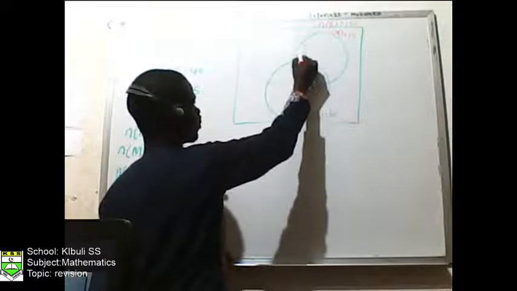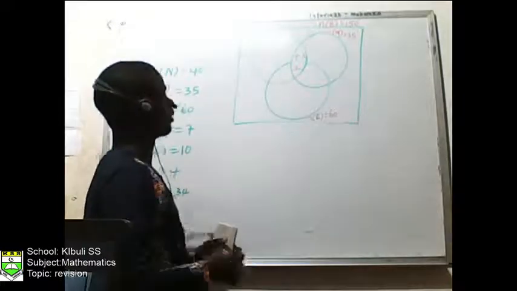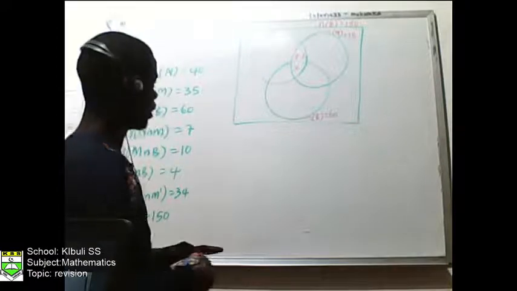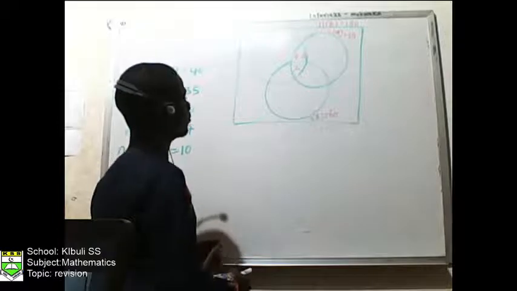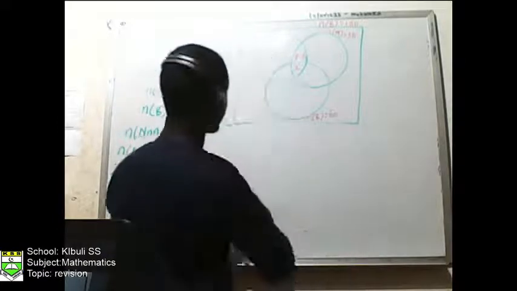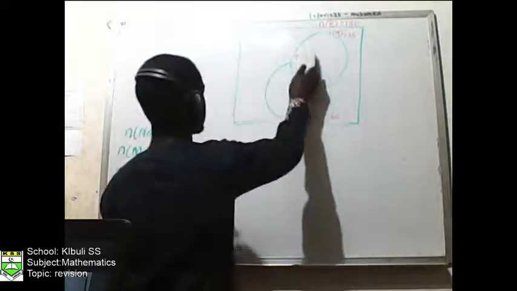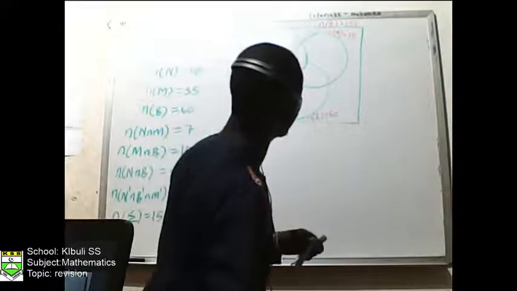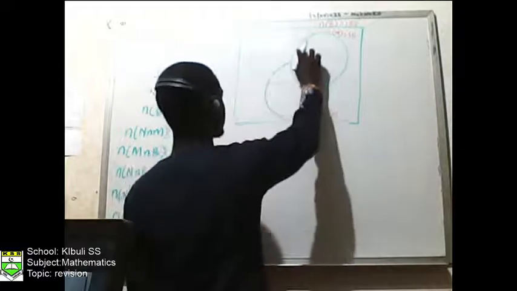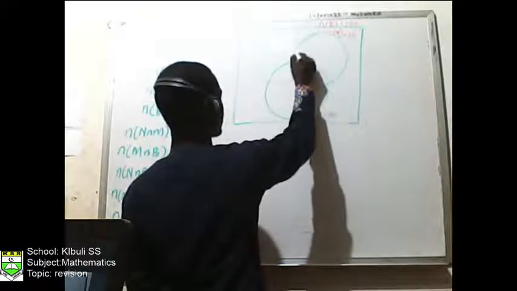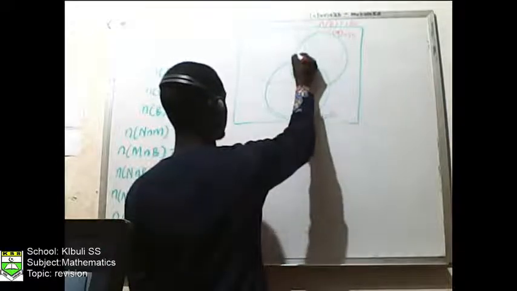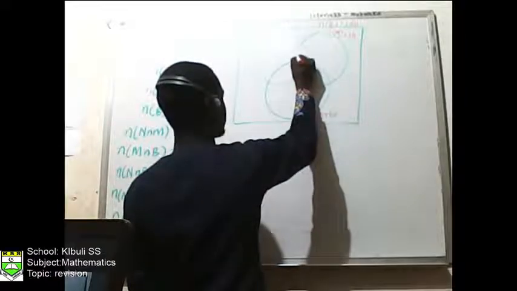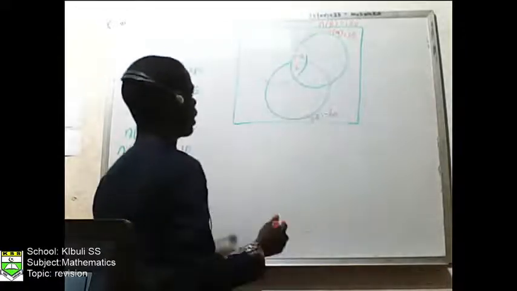If they want you to write a 7 there, they will tell you that 7 read New Vision and Monitor only, or that 7 read New Vision and Monitor but not Book. Those are the two phrasings that they basically use. Or they tell you that 7 read New Vision and Monitor without Book, or leaving out Book. You'll have to know that Book is left out, and you'll have to write that 7 alone. Otherwise, 7 minus X. Okay, I'll proceed.